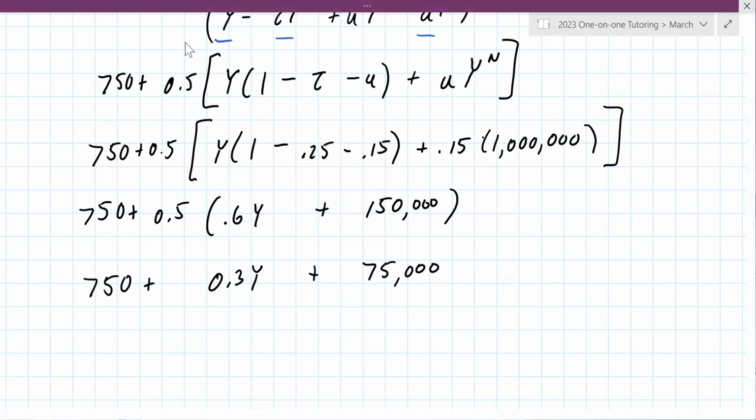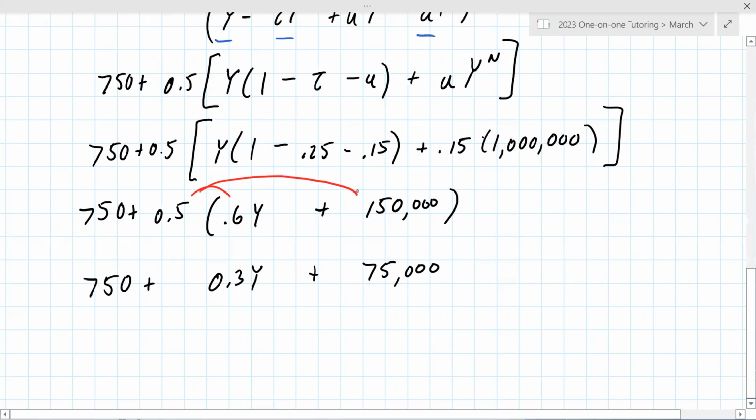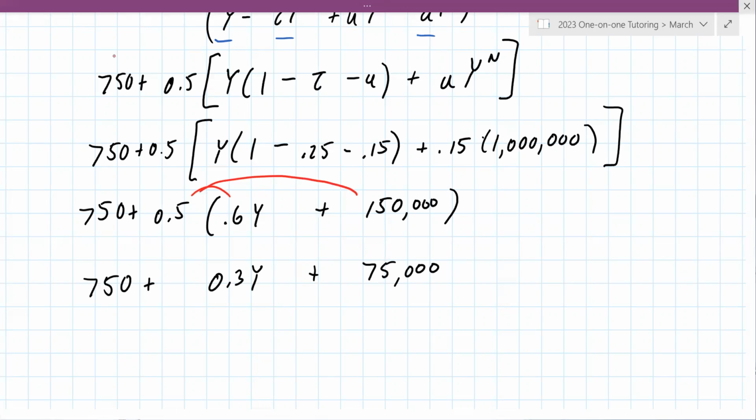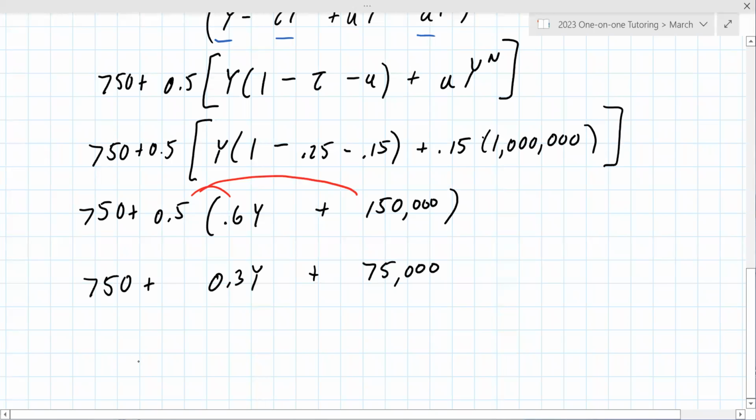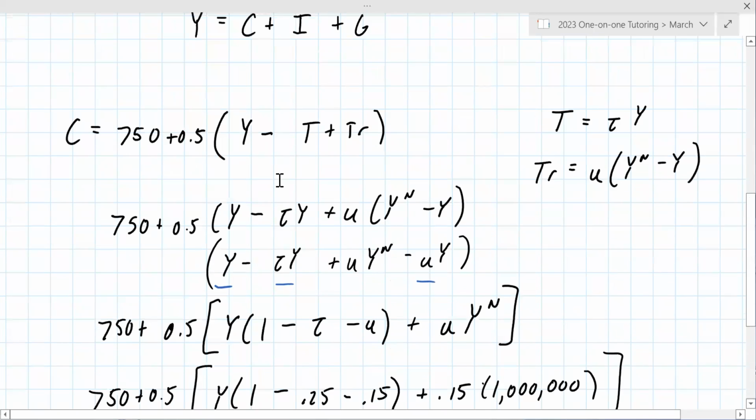So when you distribute that in. Yes. All right, so now we finally have it. C is 75,750 plus 0.3Y.